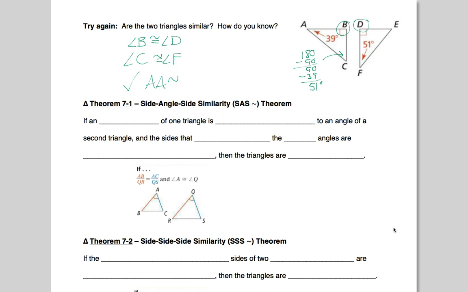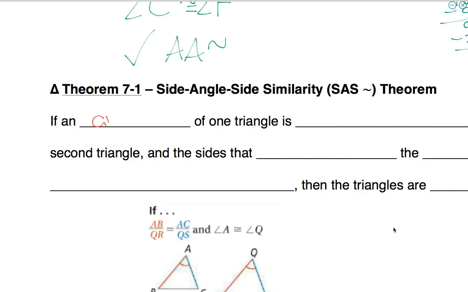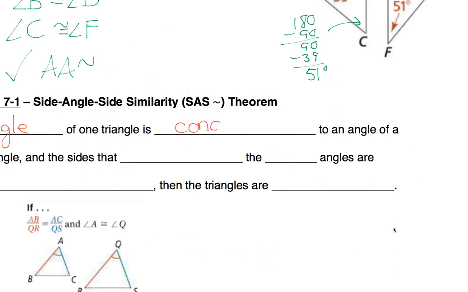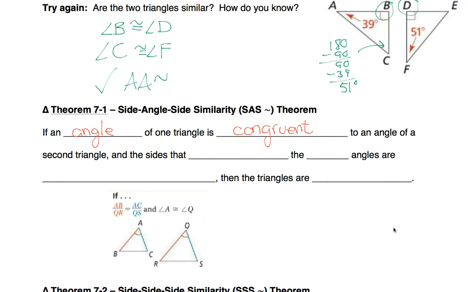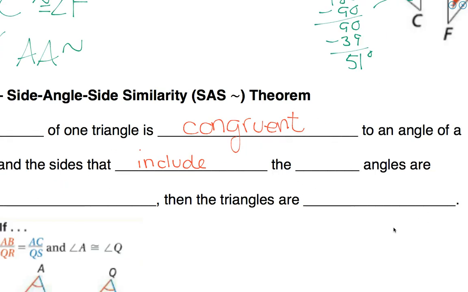Theorem 7.1, side angle side similarity. If an angle of one triangle is congruent to an angle of a second triangle, and the sides that include the two angles, we want them to be proportional.